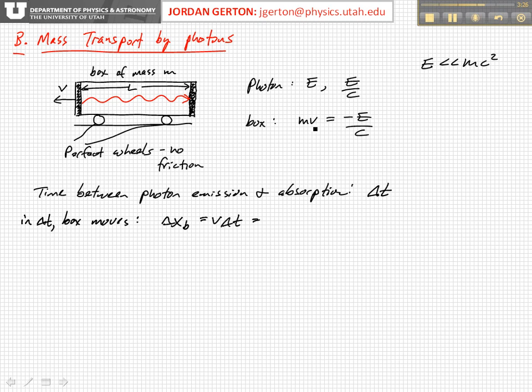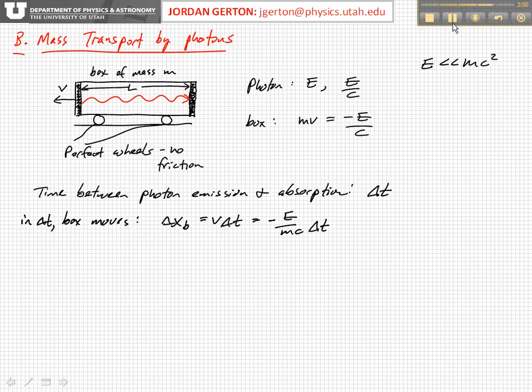It's just minus E over c over mc, so this is equal to minus E over mc delta t. That gives us how much the box moves during the time that the photon traveled from the left side of the box to the right side of the box.